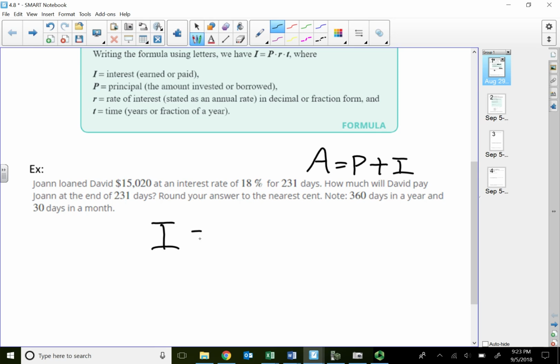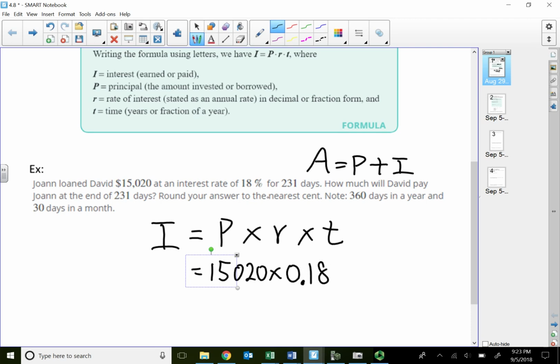So interest is going to be principal times rate times time. So David borrowed $15,020 times at the rate of 18%, which we know in decimal notation is 0.18. Just like when we're dealing with percent equations, anything that's percent has got to be in decimal notation, times the time.